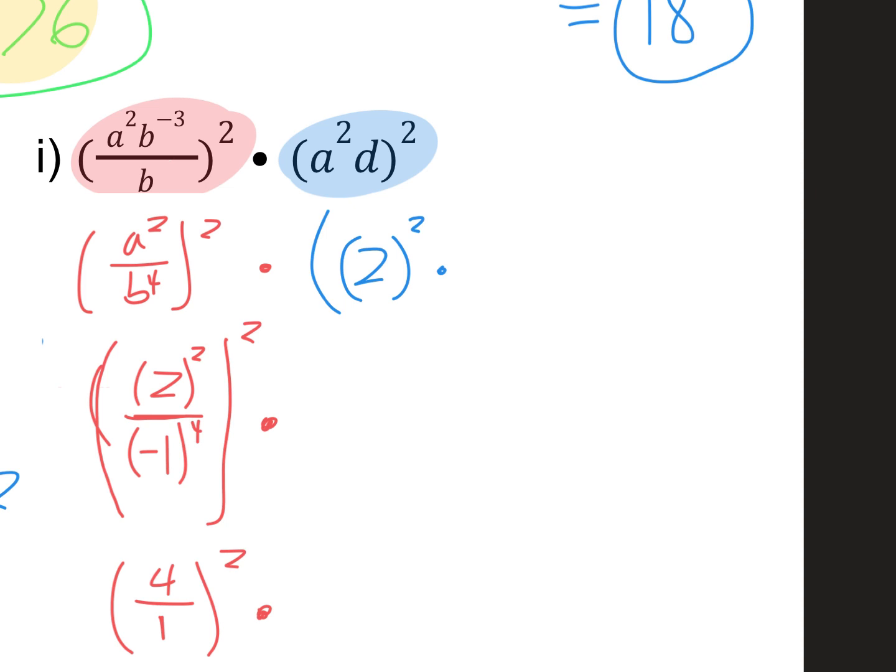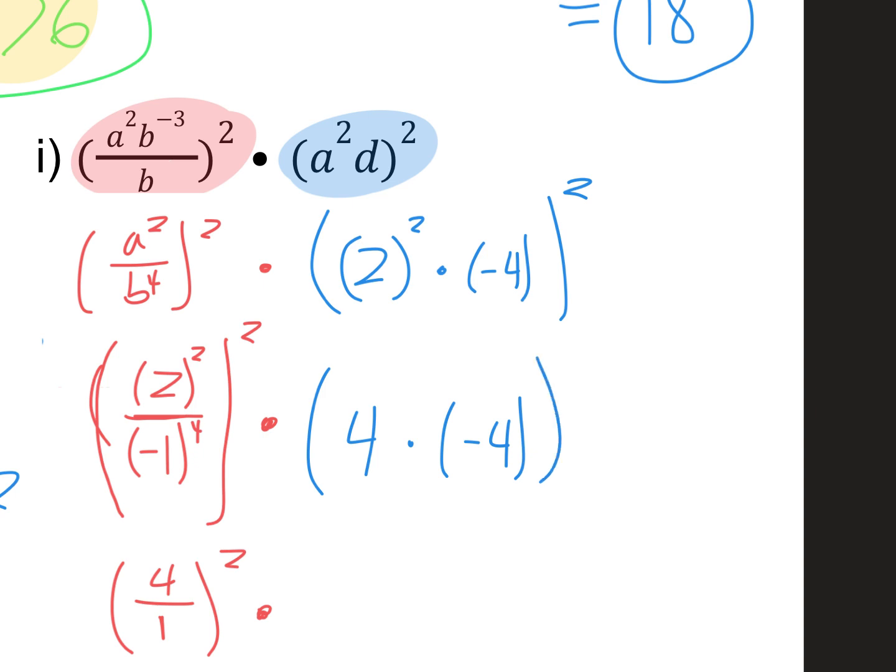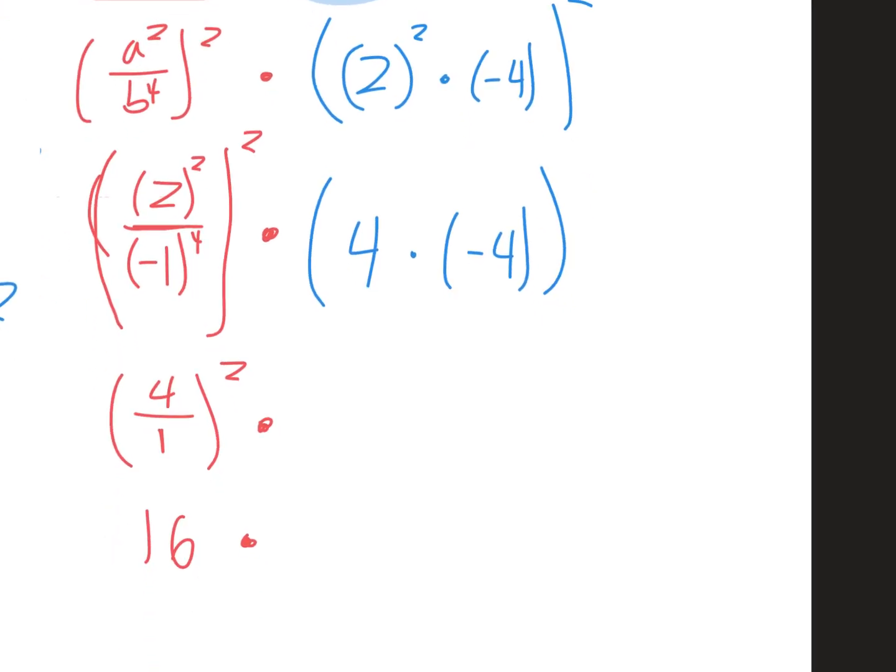So 2 squared times negative 4, all of that is raised to the second power. 2 squared is just 4, and then that is getting multiplied by negative 4, and that is all still squared. 4 times negative 4, that's a positive times a negative, that's negative 16.